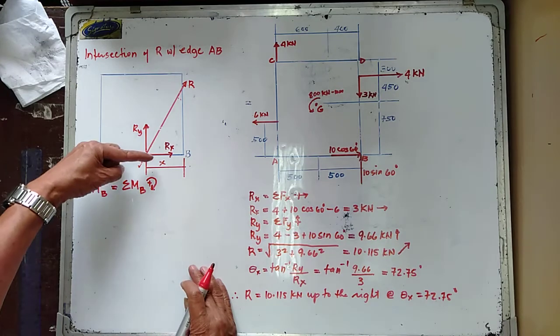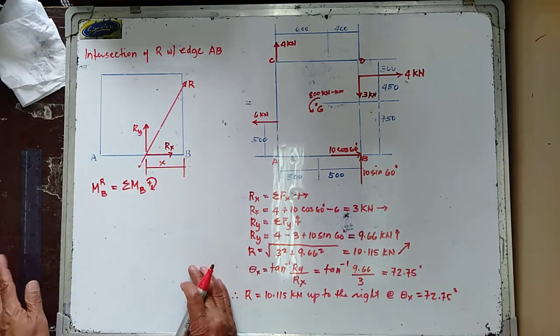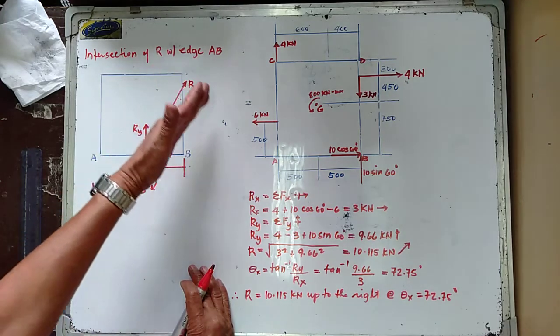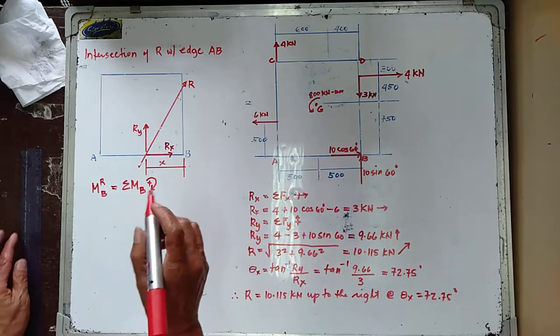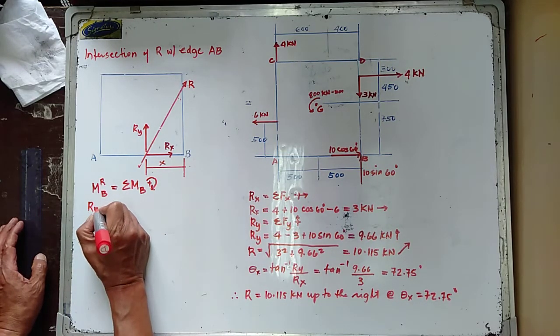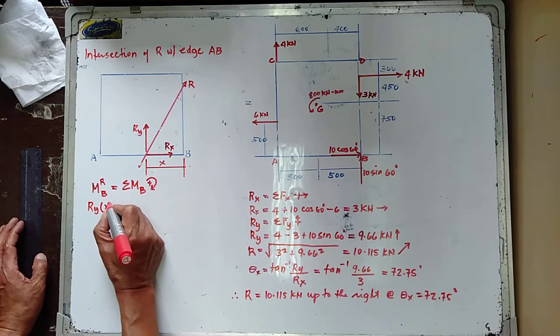Your Rx has no moment about point B because it passes through your moment center B. So we have your Ry going in a clockwise direction, so your Ry multiplied by x.